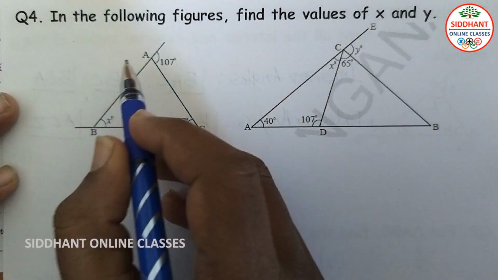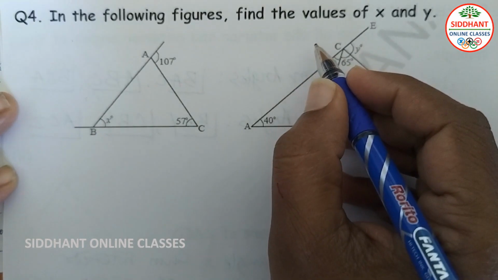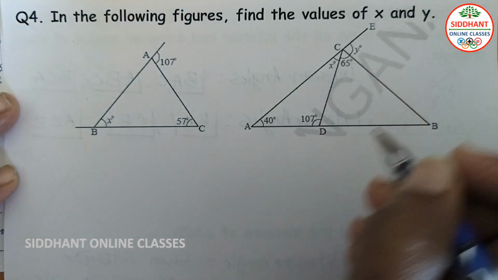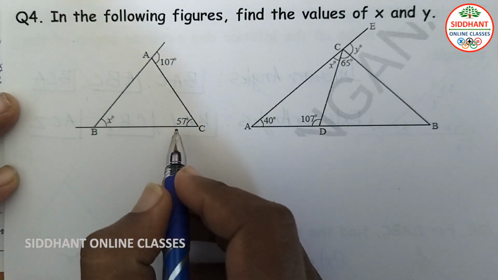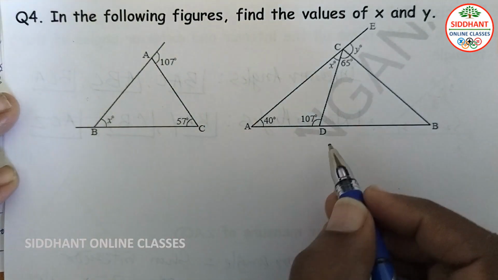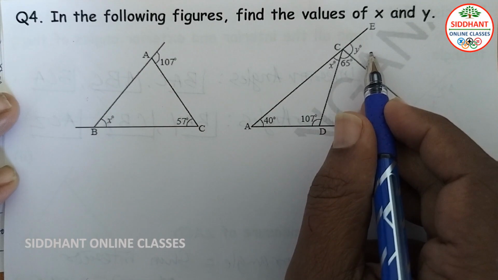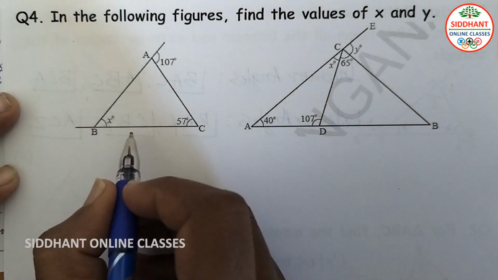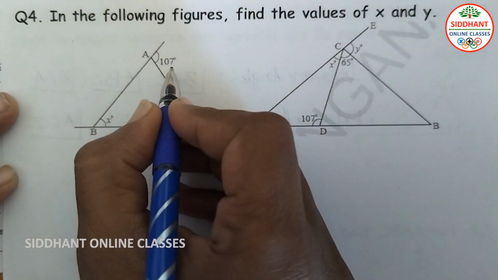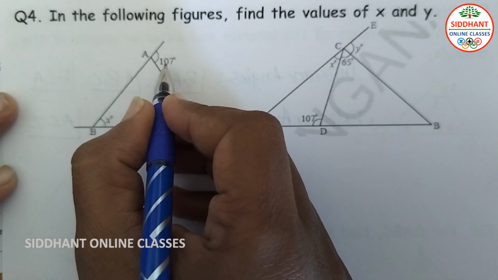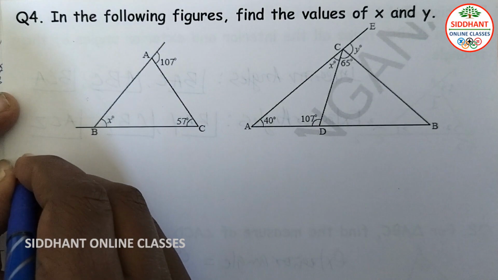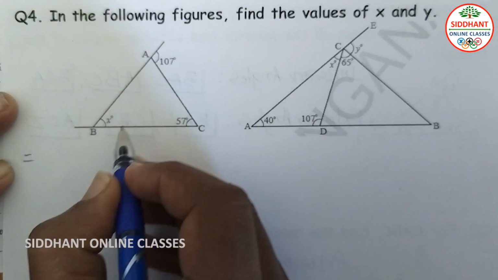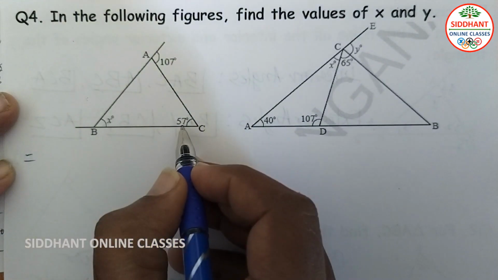Question number 4. In the following figures, find the values of X and Y. In this figure we are going to find X, and in the other figure we are going to find X and Y. In the first figure, this angle is the exterior angle and these two are interior angles. We know that the exterior angle is equal to the sum of the interior opposite angles.